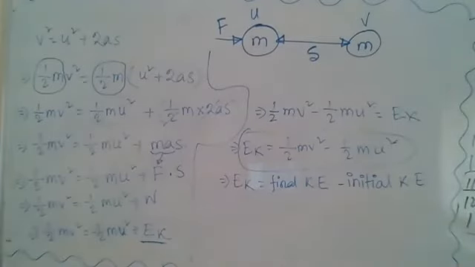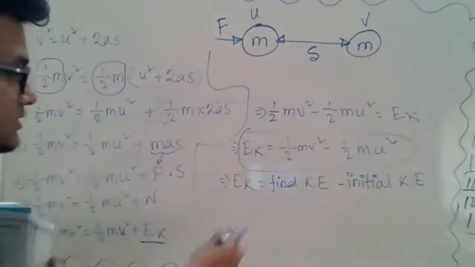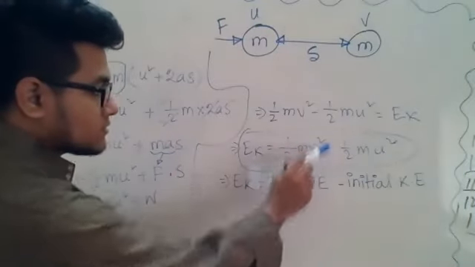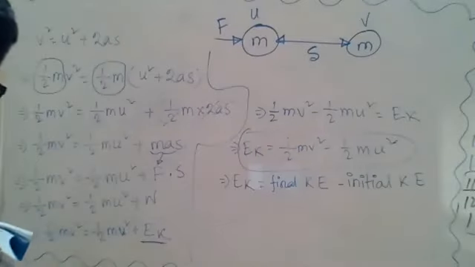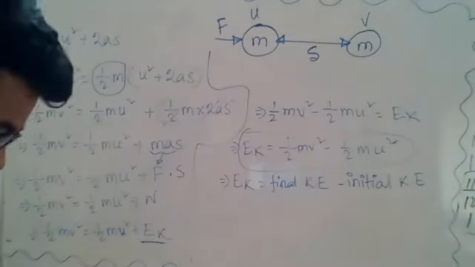Why is it half? It is already there in this equation, right? This is final kinetic energy, and the kinetic energy equation is half mass into velocity square, right? Yes, it is already there in the equation. Okay, we have less than 10 minutes left.